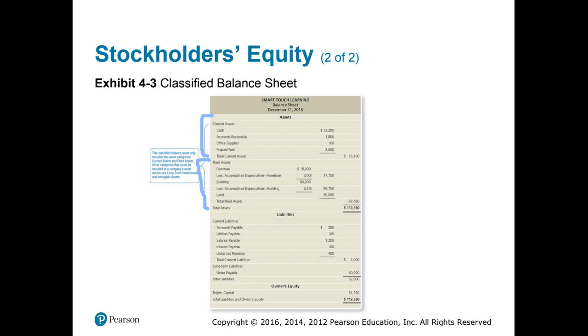We have our current liabilities, and then we have long-term. So we have broken out the assets and the liabilities. That's the difference between the balance sheet and the classified balance sheet. We are classifying on the classified balance sheet, and we're classifying between current and long-term.